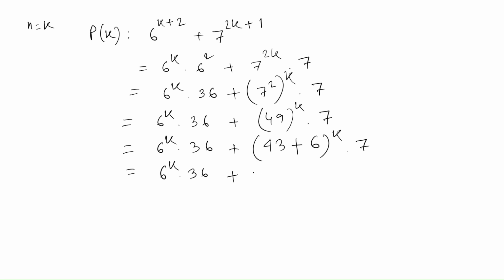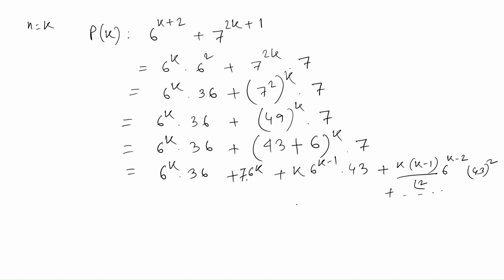So we can write kC0, that is 1, 6 power k, 43 power 0, that is 1, plus kC1, that is k, into 6 power k minus 1 into 43, plus k into k minus 1 by factorial 2, 6 power k minus 2, 43 square, plus so on.